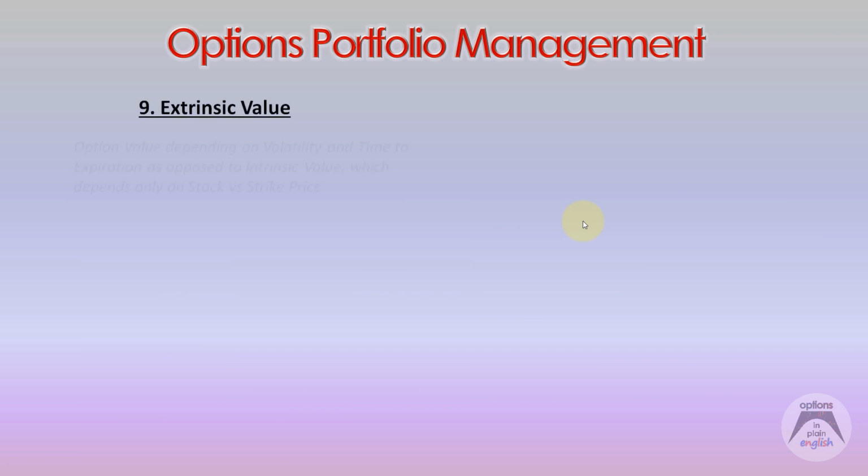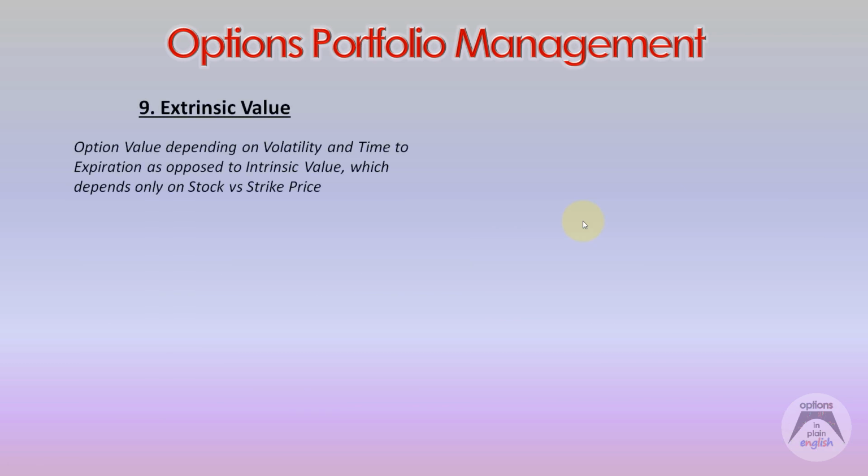Now, extrinsic value is the option value that's dependent on volatility and time to expiration, as opposed to intrinsic value, which is only dependent on stock versus the strike price. So extrinsic value is the additional portion of an option's value that exists because of the time to expiration and the volatility, which means this is the value that goes away when those options expire.